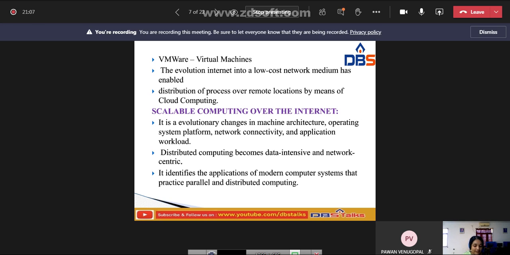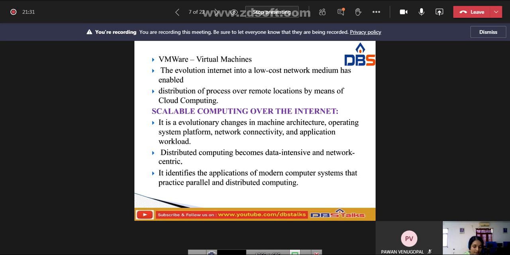So what is meant by parallel and distributed computing system? In olden days we used a centralized computer to solve computational problems. Now we have to complete large and complex tasks over the internet, so we are using parallel and distributed computing.